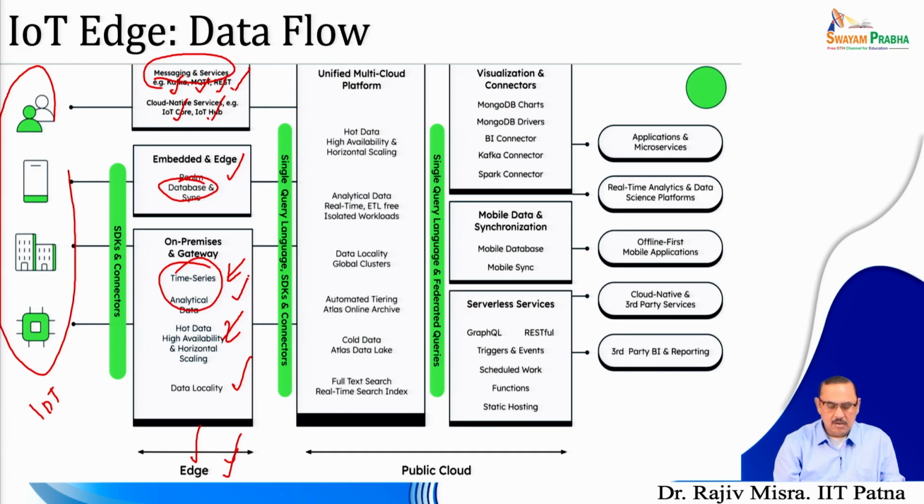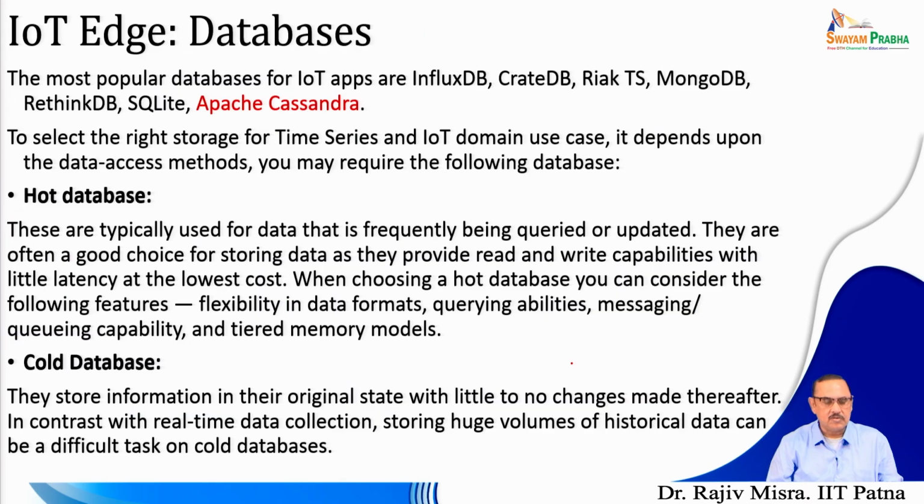So, therefore, on the cloud side also, to support this hot data analytics, high availability and horizontal scaling and data locality, cold data analytics and so on are some of the enablements at this particular public cloud. You know that public cloud provides various kinds of connectors, and these connectors will support these kinds of databases, and other functionalities in the cloud are enormous.